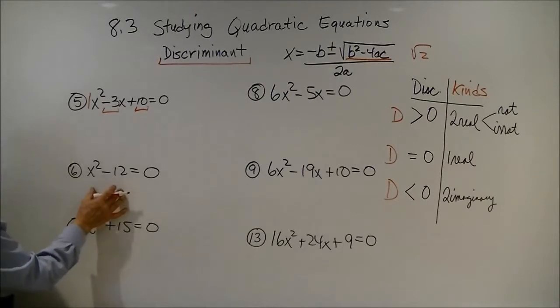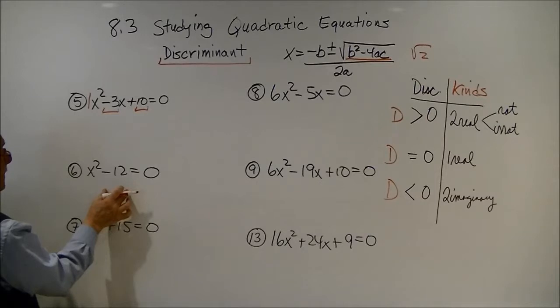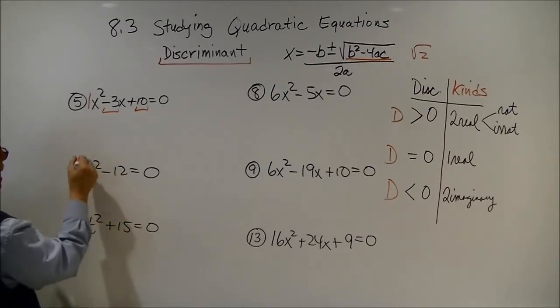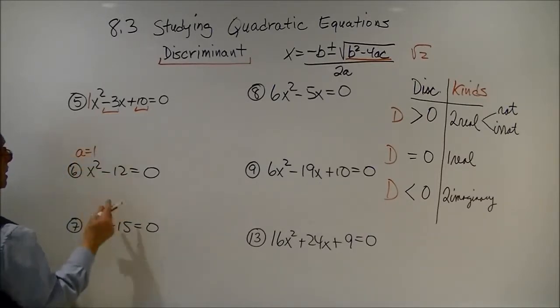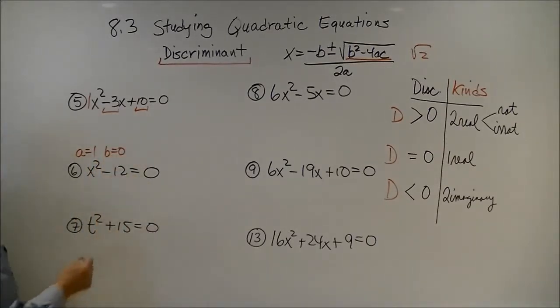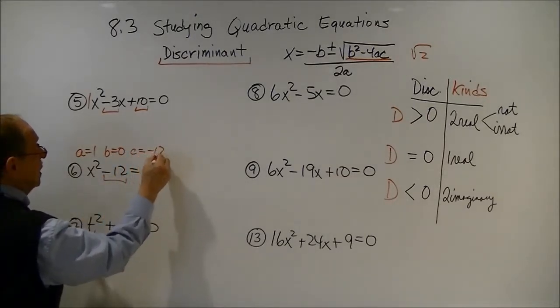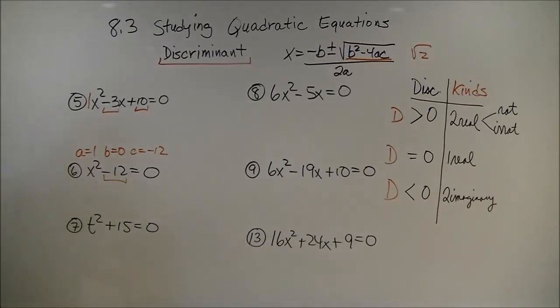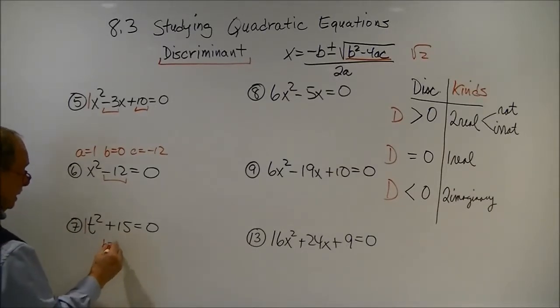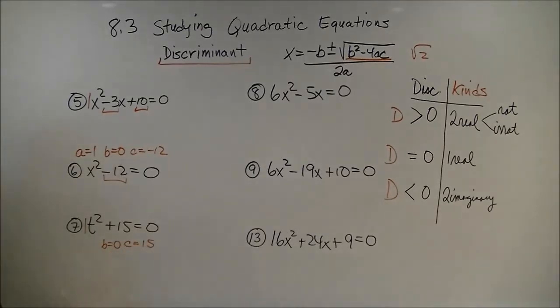Now this is interesting here because there is no B term here. Okay? So A will equal 1. There is no B term, so B equals 0. And C equals a negative 12. And similar here. A is 1, B is going to be 0, and C is 15.